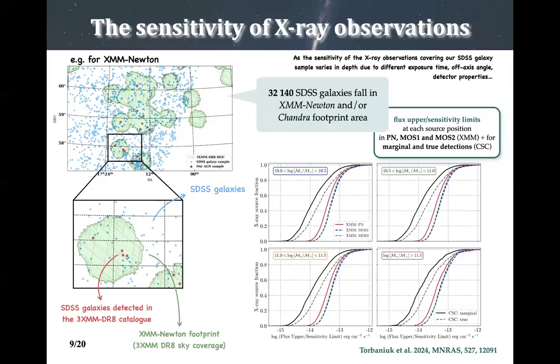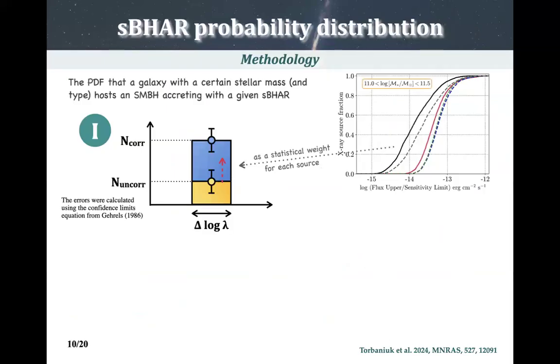We have different cameras in XMM and different detectors in Chandra. On the next slide, I will show you how we use it. To retrieve the probability density function for black hole accretion rate in the local universe, we did it in two ways. The first one: we collected the objects in certain bins of black hole accretion rate.